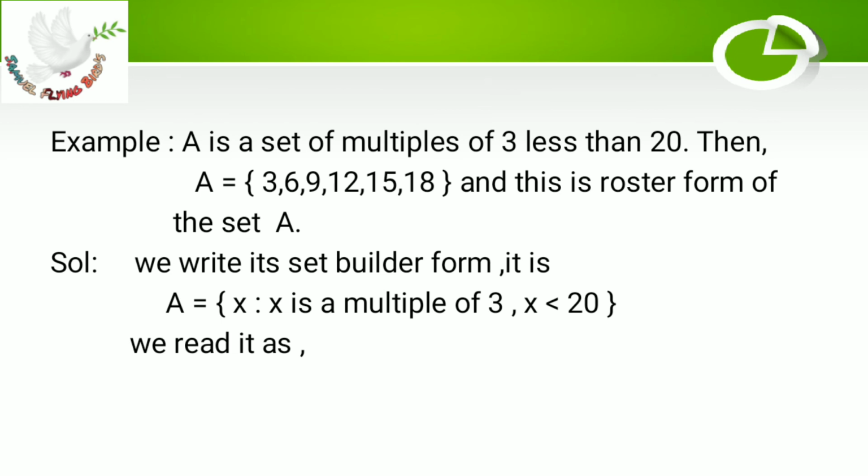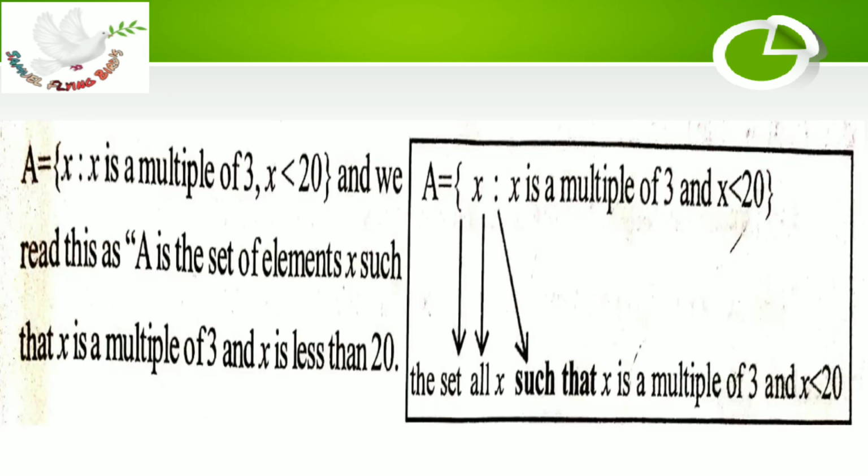For example, A is the set of multiples of 3 less than 20, then A equal to {3, 6, 9, 12, 15, 18}, and this is the roster form of the set A. We can write this roster form as a set builder form as A equal to, in closed brackets, {x such that x is a multiple of 3, comma, x is less than 20}.